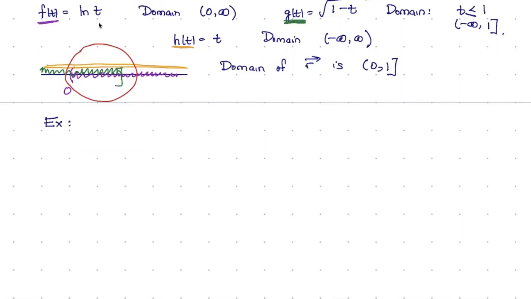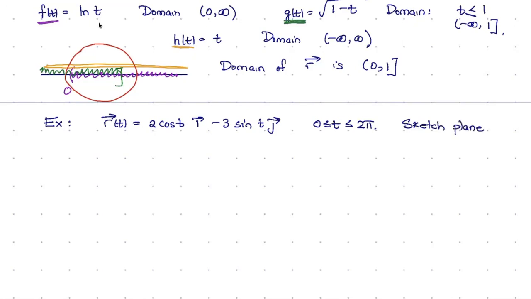So, for example, if I were given the vector valued function r of t equal to 2 cosine of t i minus 3 sine of t j, with the restriction that t is between 0 and 2 pi, and I want to sketch the plane curve, this is the curve that the vector valued function is going to traverse. So we're given that x is equal to 2 cosine of t, whereas y is equal to negative 3 sine of t.